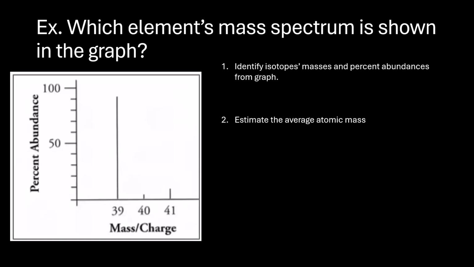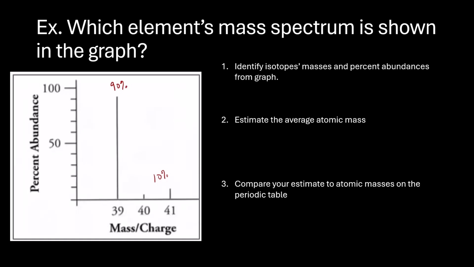And so if I were to guess an average abundance here, I would say this represents about 90% of the average atomic mass of this unknown element. The other two aren't very abundant, so I'm just going to say that together they represent about 10% of the abundance.